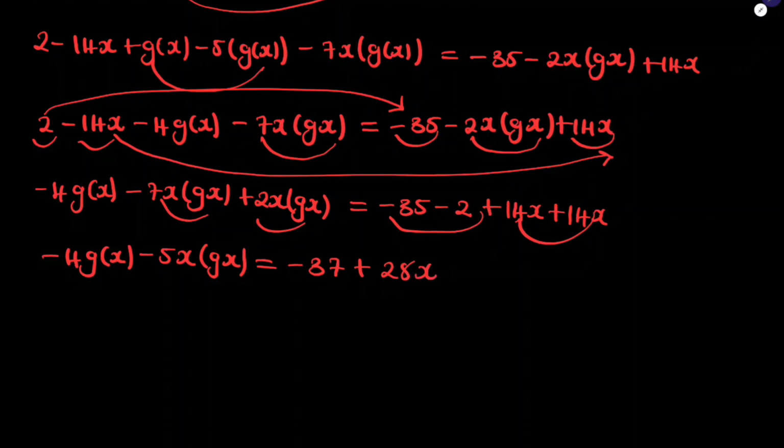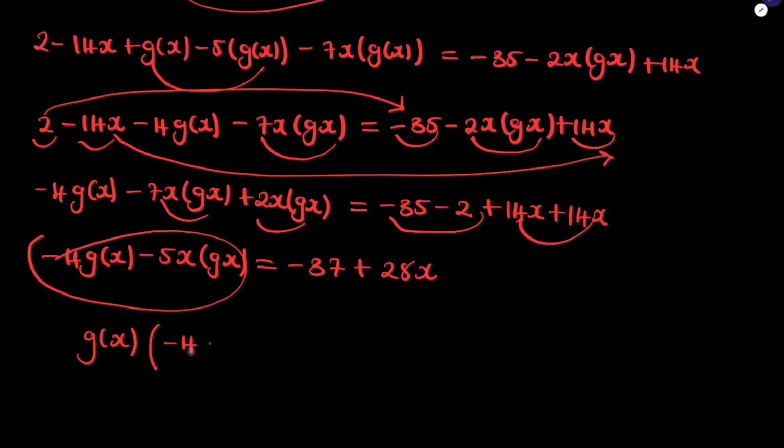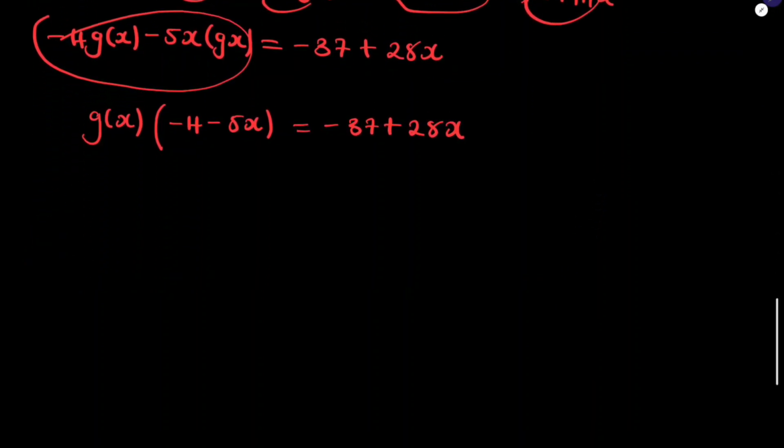So now, since we are solving for g of x, we are going to make it the subject of the formula. So here we can factor g of x out. So we will have g of x times (-4 - 5x) equal to -37 + 28x. Okay, so we are going to divide both sides by (-4 - 5x).